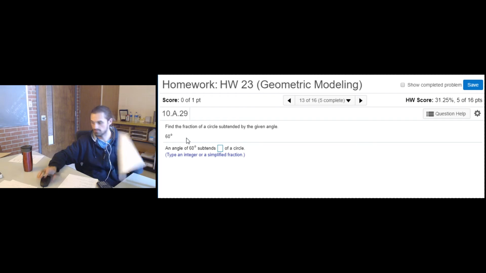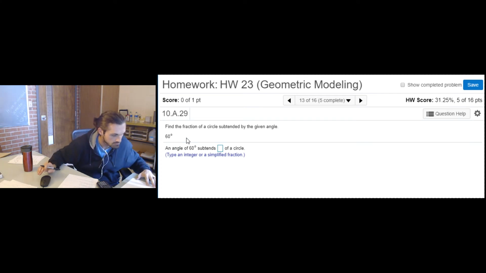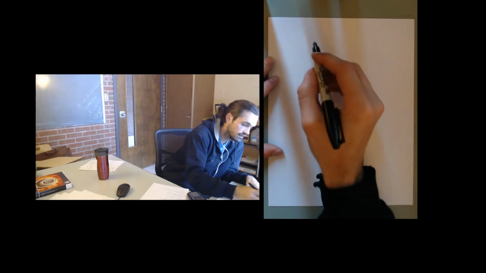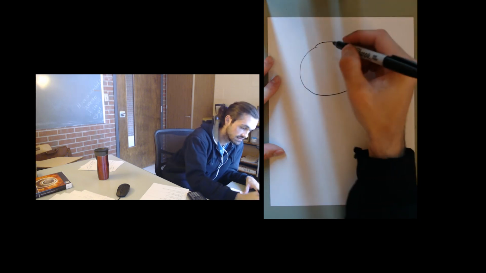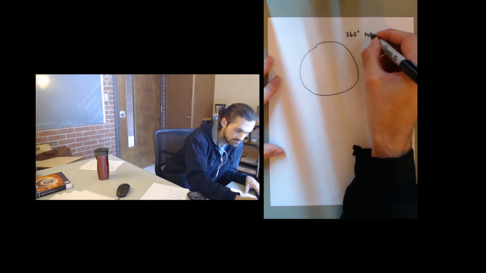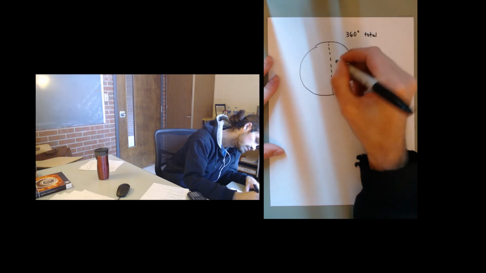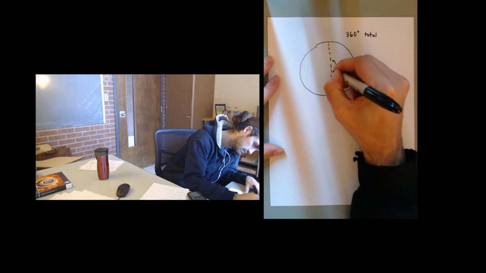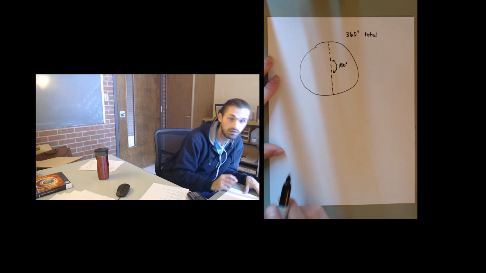So let's look at a picture. So here's a circle, and so this circle has 360 degrees total, which means exactly half of the circle is going to be 180 degrees.